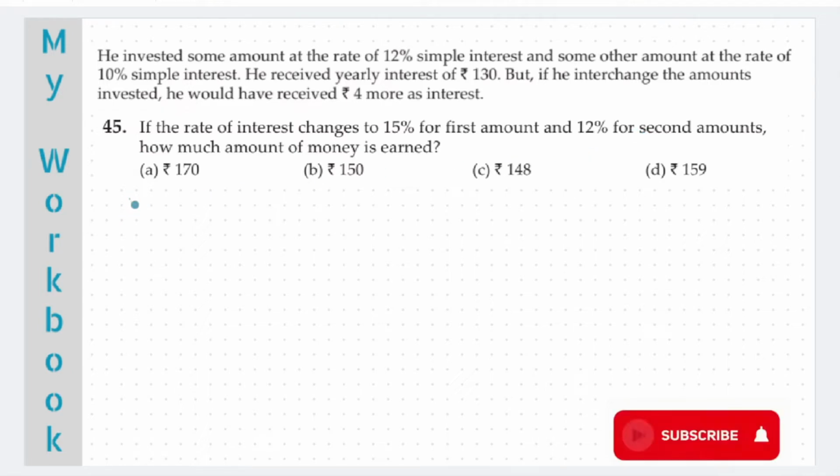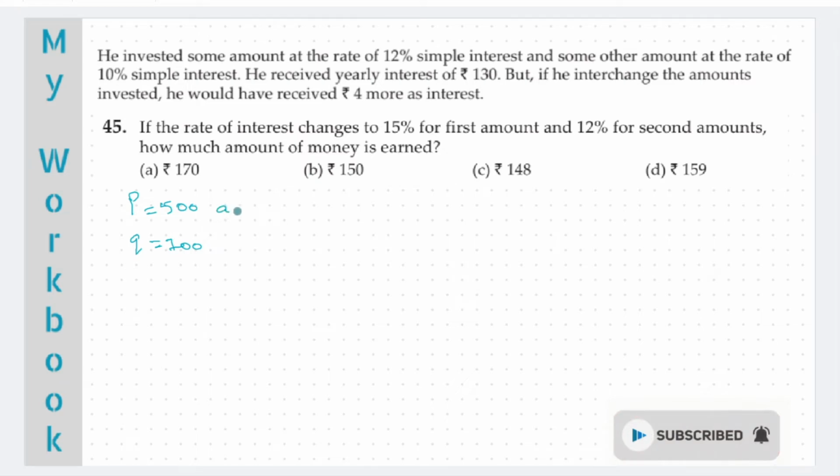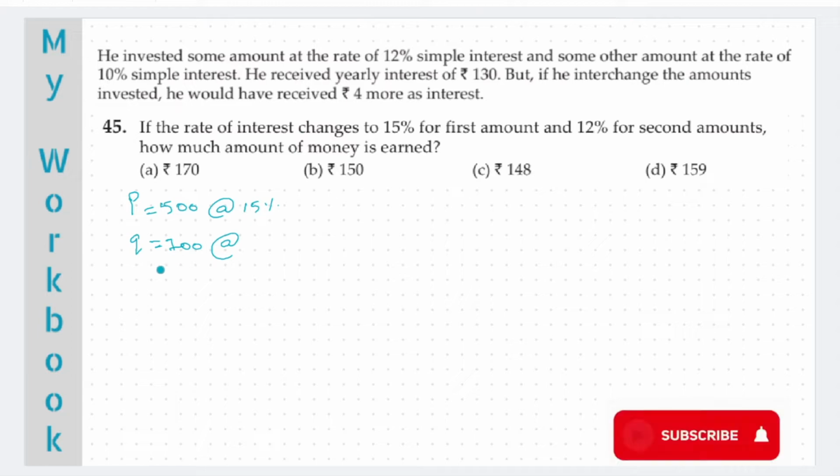So P was the first amount which we solved and got it as 500, and the second amount Q was 700. Now rate of interest for the first amount is 15%, and rate of interest for the second amount is 12%.